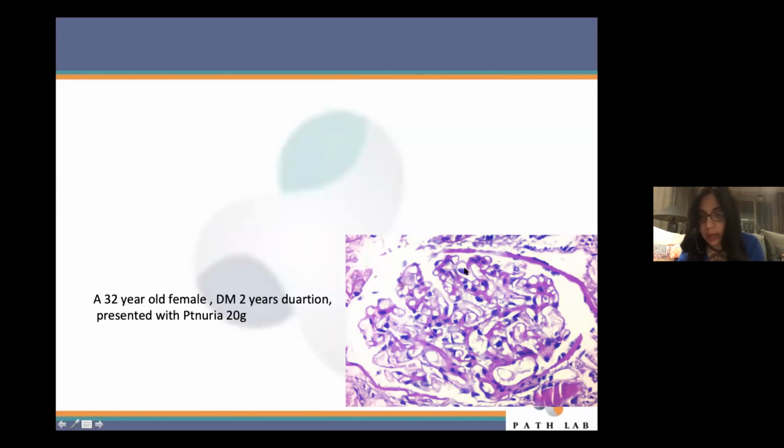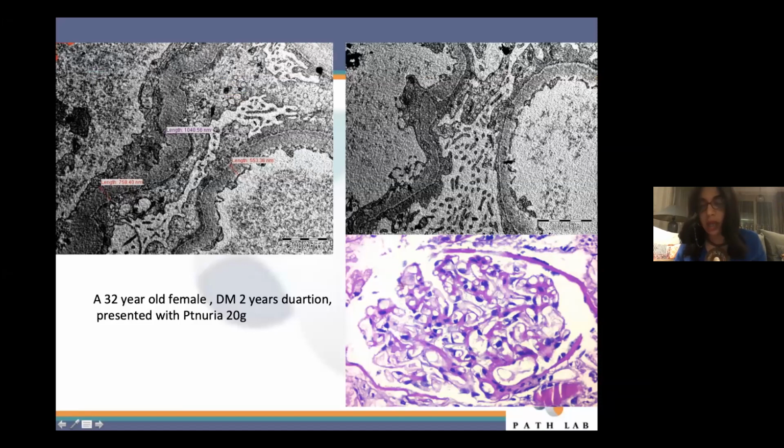As you can see, her glomeruli looked also normal. She had some arterial hyalinosis and some Bowman's capsule changes. But the proteinuria with 20 grams did not fit, so we proceeded for EM, and typically enough, she had a classic minimal change disease, but we and the original pathologist were right.